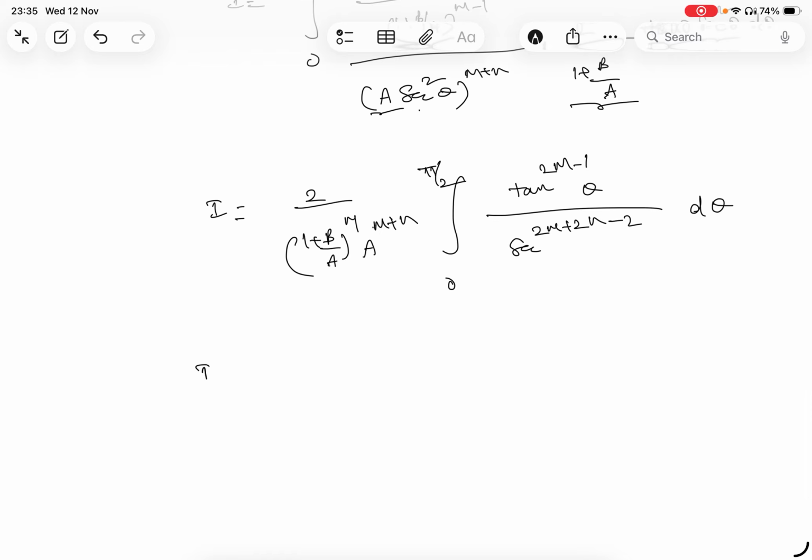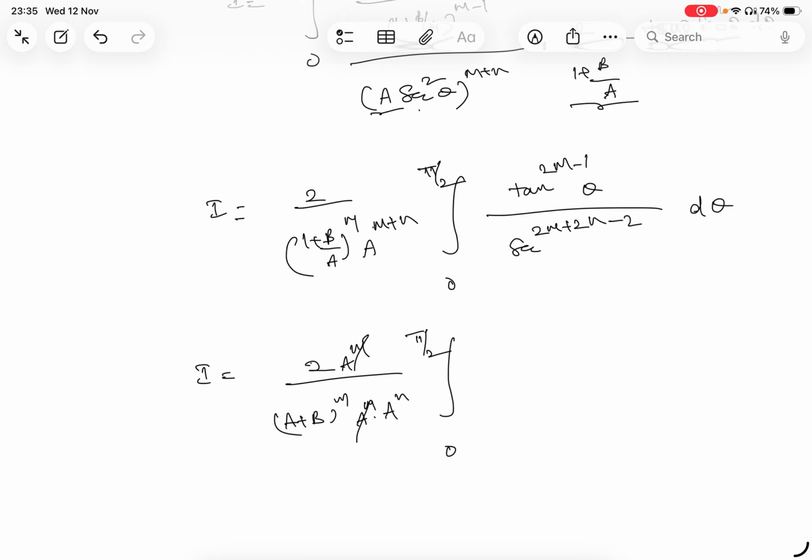So finally I is 2 by, let's do some simplification here. This will be a plus b whole power m by a power m, which will be in the numerator. Then this a power m plus n can be written as a power m into a power n. So a power m will get cancelled. Then this is 0 to pi by 2.